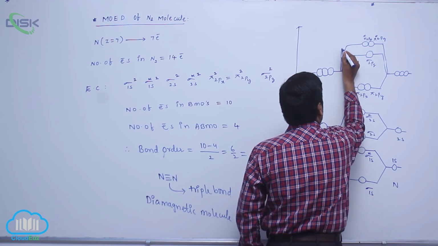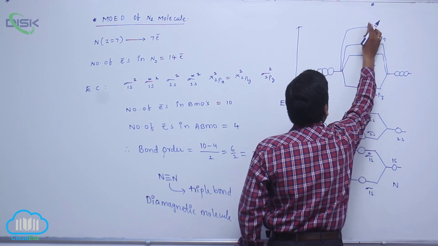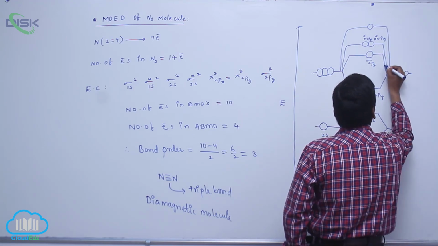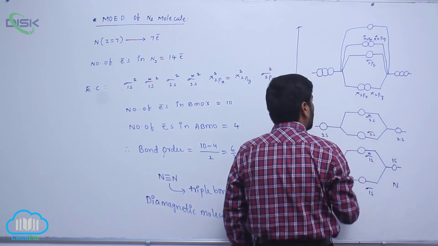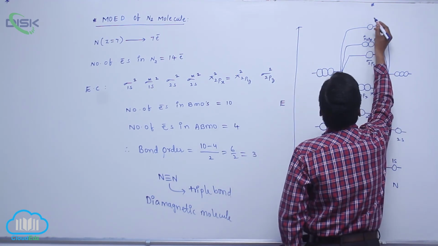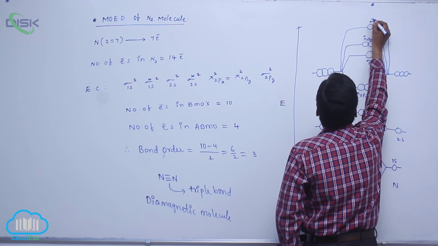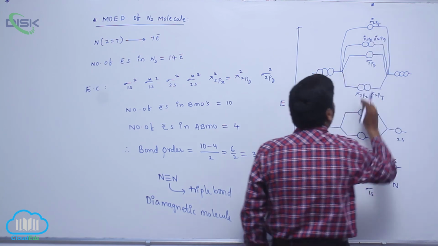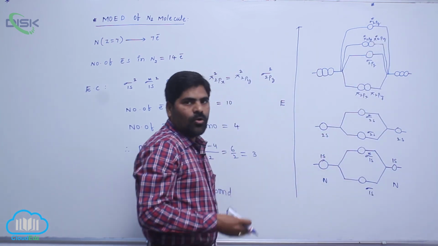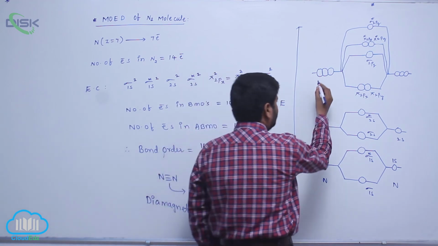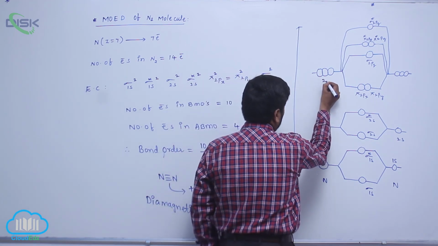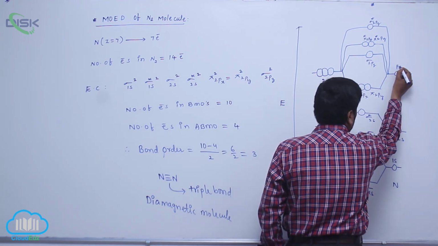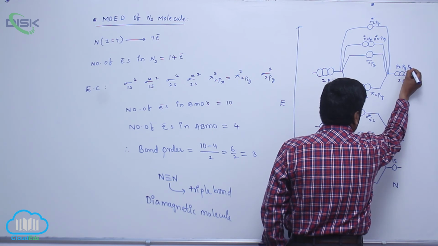The last orbital is sigma star 2pz. This is the 2p orbital, and this is also a 2p orbital, with px, py, pz.